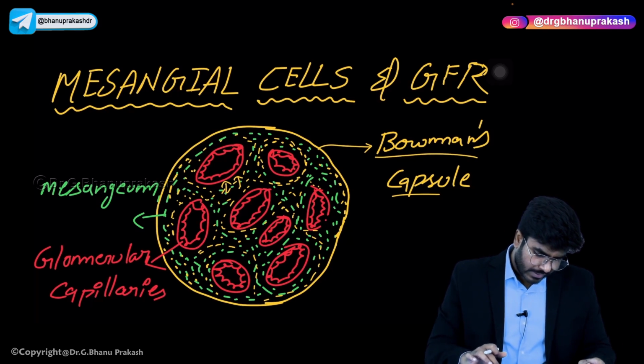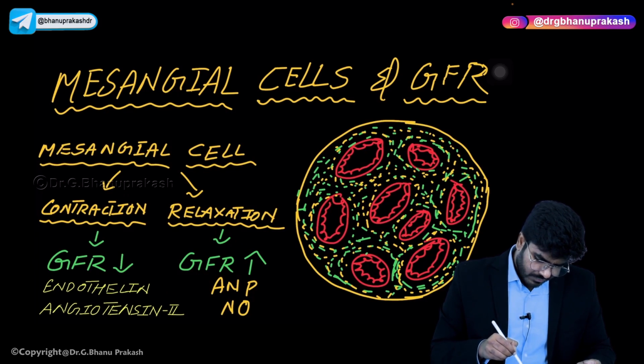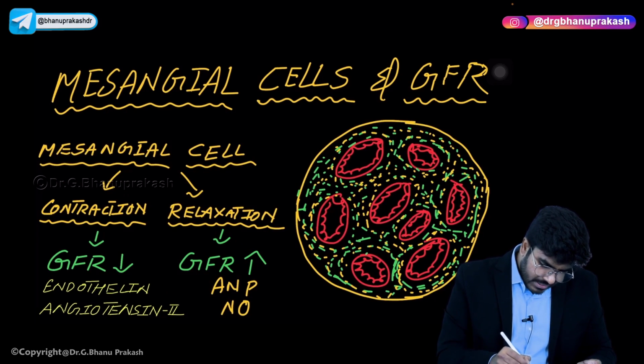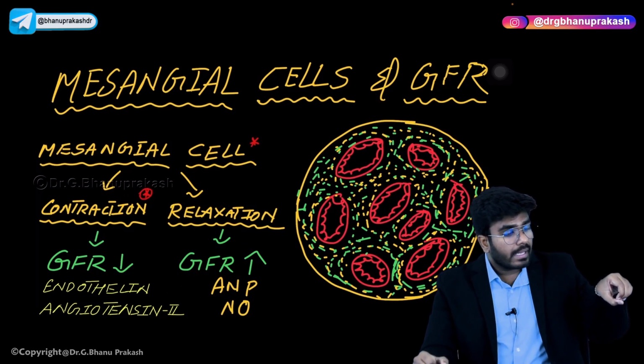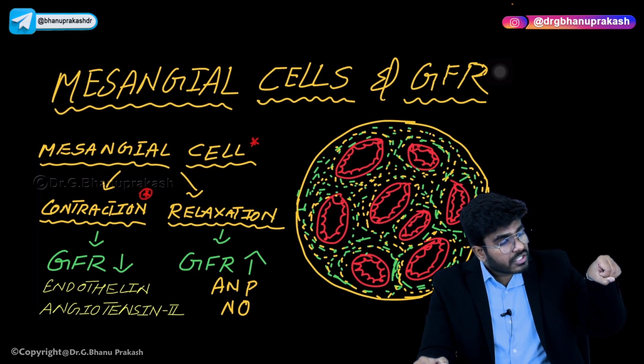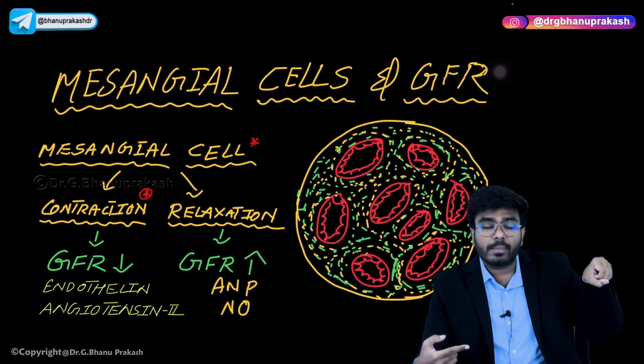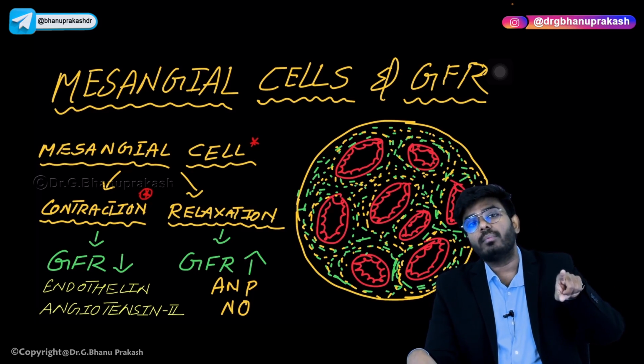How, sir? For example, first let's take a condition of mesangial cell contraction. If the surrounding mesangial cells are contracted, they can cause constriction of the glomerular capillaries. If glomerular capillaries are constricted, the blood flow within them will be decreased, so GFR will be decreased.